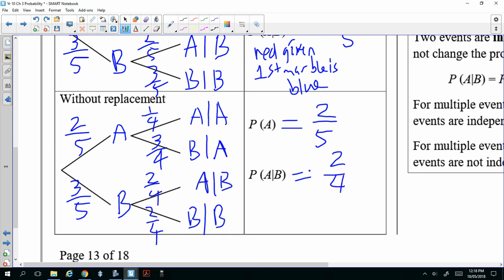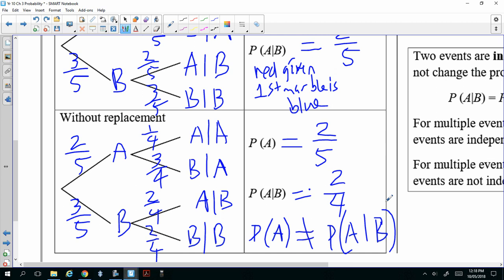In this case, they are not equal. So the probability of getting red is different from getting red given that the first one is blue. Whereas for the first case, they are equal. The probability of getting a red is the same as the probability of A given B has happened.